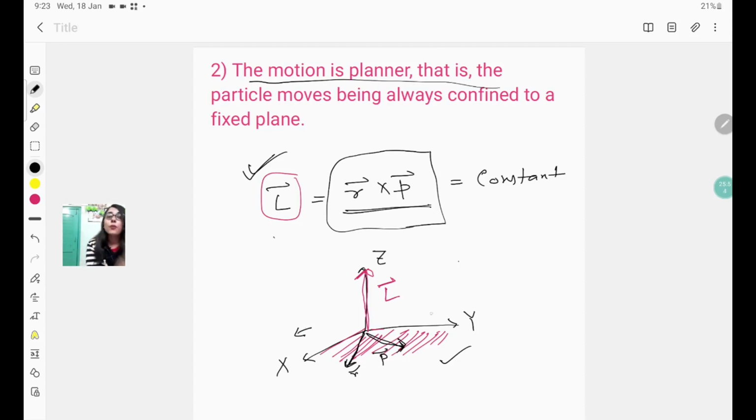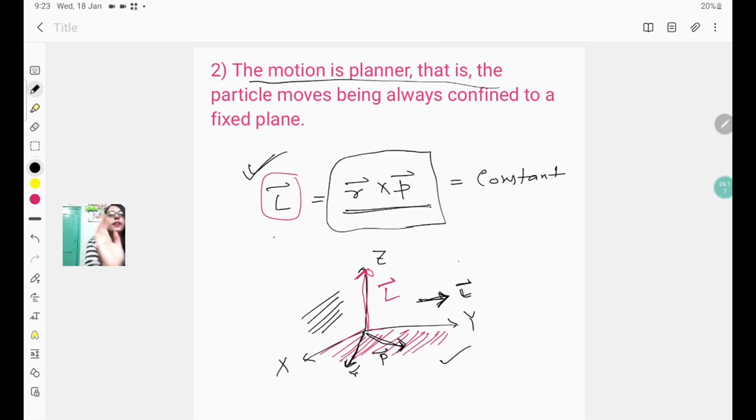Right, in yz plane, along this way, right? If L is along y direction, suppose this one is the direction of L, then in which plane should r and p reside? If L is along y axis, r and p should reside in the xz plane.